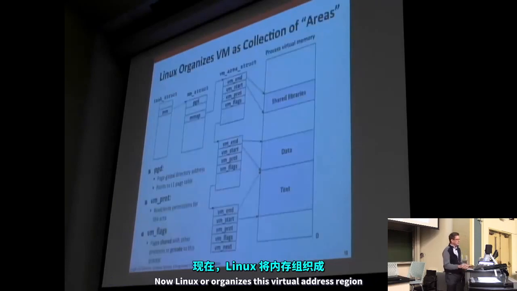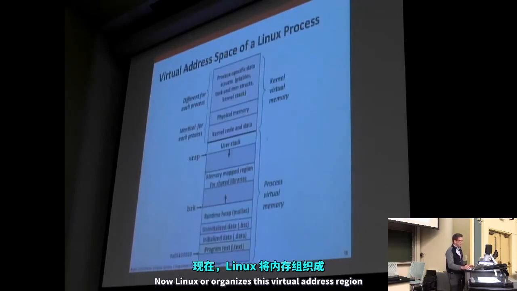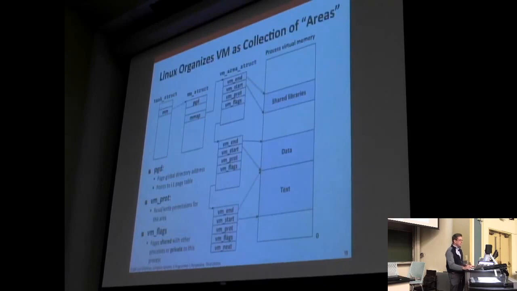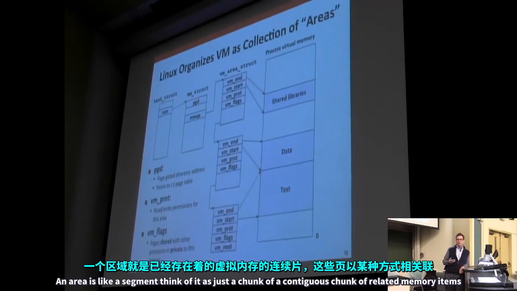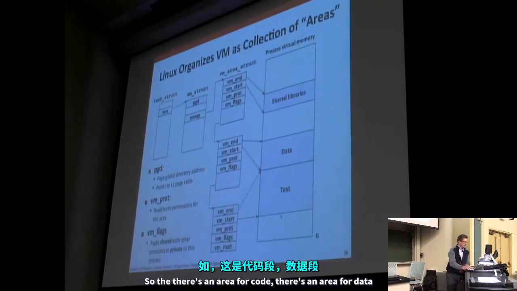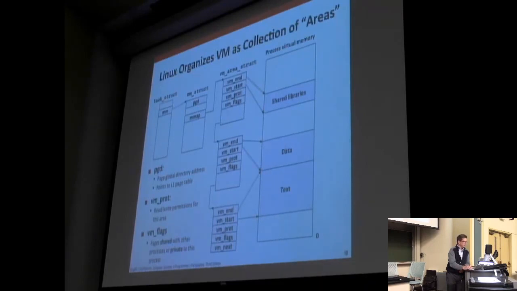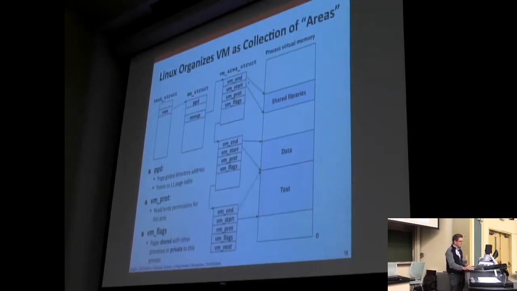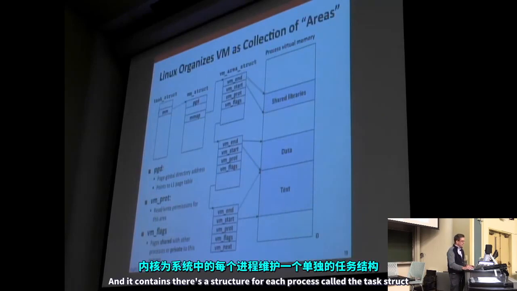Now, Linux organizes this virtual address region as a collection of what it calls areas. An area is like a segment. Think of it as a contiguous chunk of related memory items. There's an area for code, an area for data, shared libraries have areas, and there's an area for the stack.